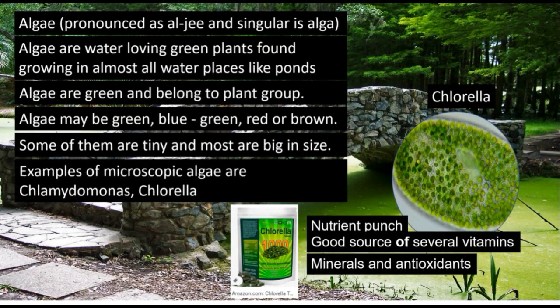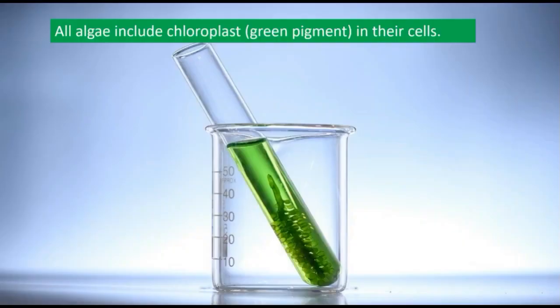All algae appear green because they consist of chloroplast. It's a green pigment. In addition to chloroplast, certain other color pigments are also present.